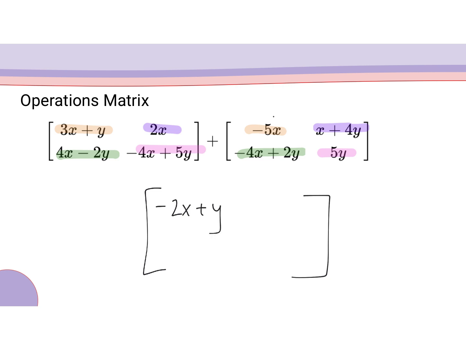The y stays. 2x plus x is 3x plus 4y. Negative 4x cancels out here. 2y cancels out here. So actually this is 0. And negative 4, and then the 5y's come together to make 10y. So it's just a matter of finding the cells and putting them together.